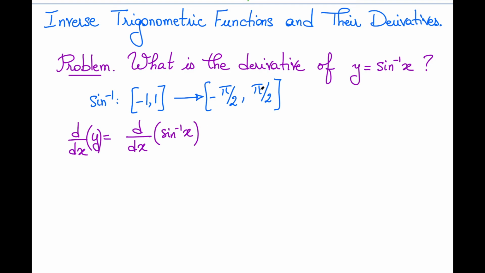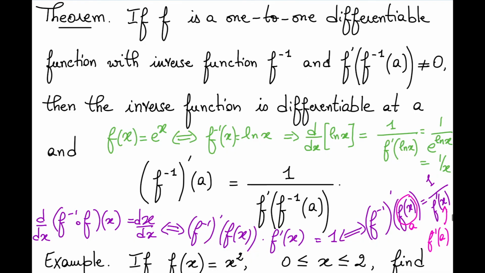And if you restrict it on minus pi over 2, pi over 2, it becomes a one-to-one function. If you go back to the very first theorem in this section, your function sine is 1 to 1. It's a restricted version of the entire sine, just on minus pi over 2, pi over 2, right?